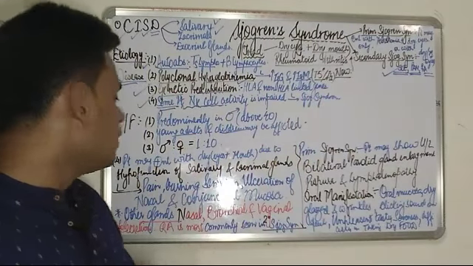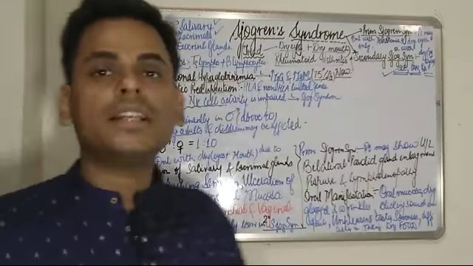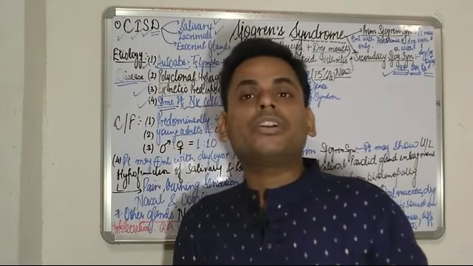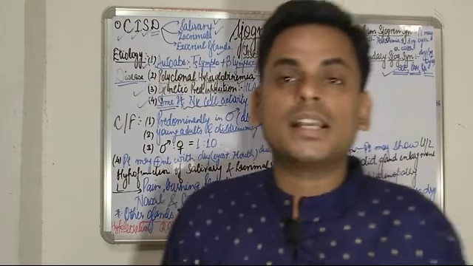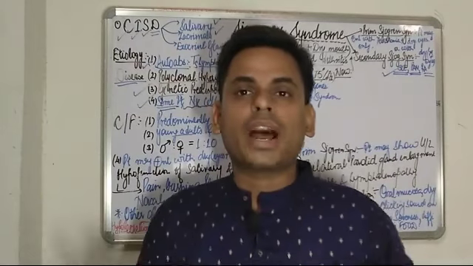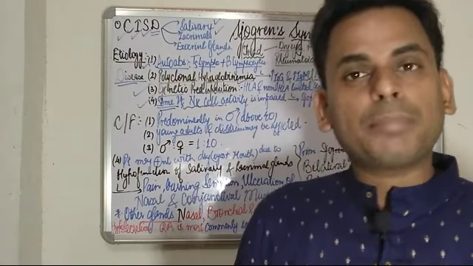The clinical features may be manifested in the form of dry mouth and dry eyes. The medical term for dry mouth is xerostomia, where xeros means dry and stomia means mouth.